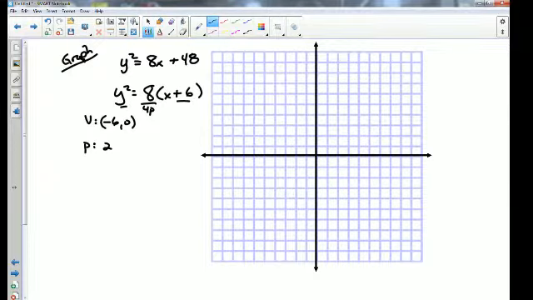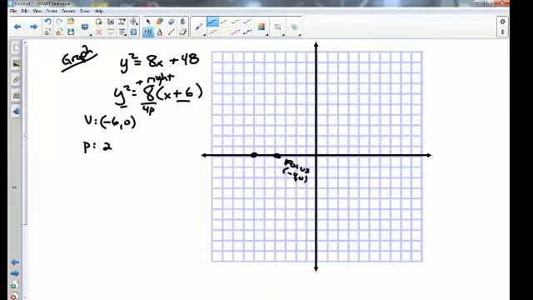Which way does that parabola face? To the right. Why? Because it's positive. Yeah, positive opens right. So our vertex is (-6, 0). Our p is 2, so here's our focus at (-4, 0).